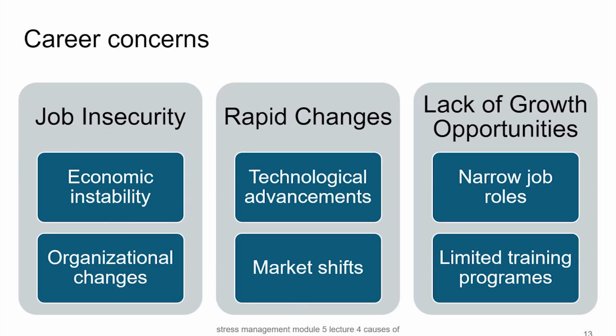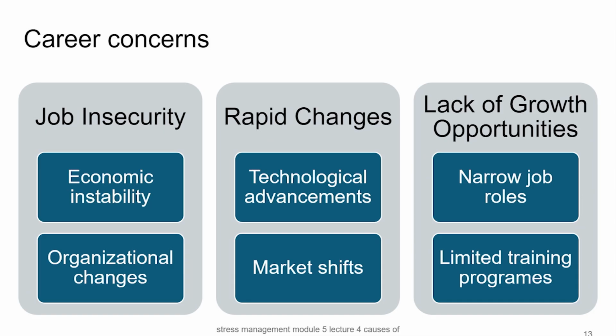The fourth important segment is the career concerns of the employees. Now, what are the career concerns of the employees? Maybe job insecurity. Everyone wants security and economic stability in life. It is not easy to switch jobs and join new organizations every 6 months, because it involves a lot of financial as well as psychological burden.